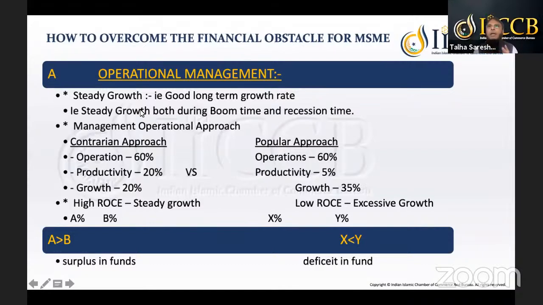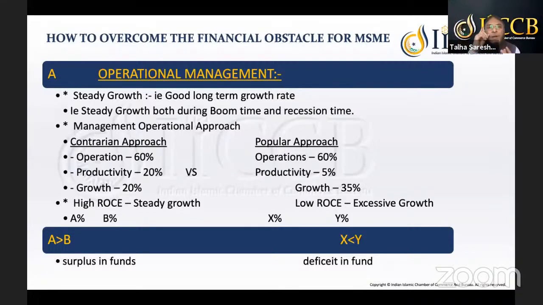We shouldn't look at return on equity, because equity is say 100 rupees, but you are also borrowing funds to increase your sales. You are not taking into consideration your borrowed capital. So you think your return on equity is high, but in effect, the ROCE is low against your excessive growth.